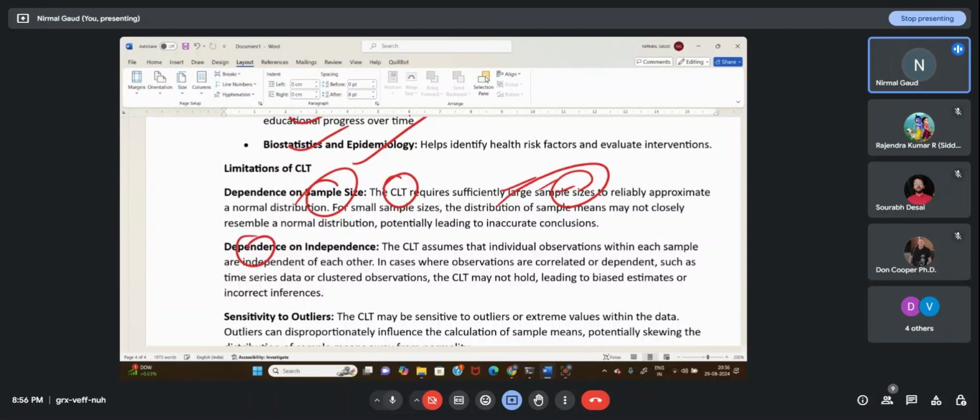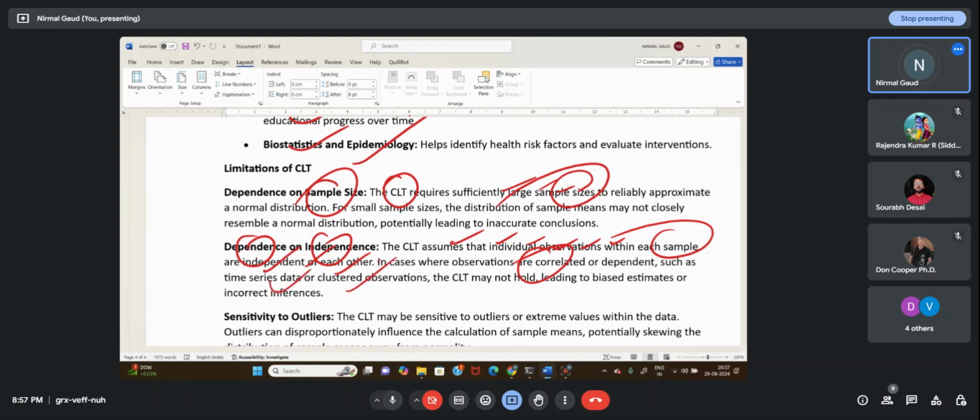Dependence on independence: it assumes that individual observations within each sample are independent of each other. However, there could be a correlation. It's not mandatory that every sample is independent. There could be correlation in the features, or in the data points, for example time series data and clustered observations.